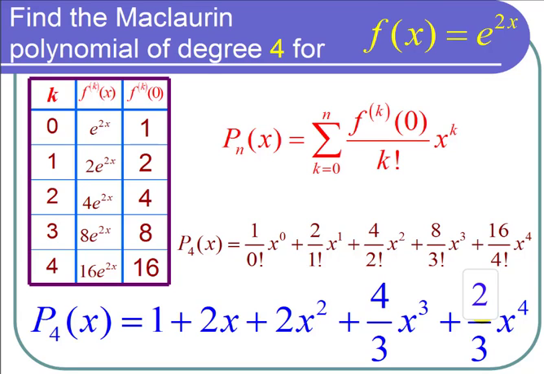And 16 over 24 is the same thing as 2/3 x to the 4th. So there's my 4th degree Maclaurin polynomial. It's 1 plus 2x plus 2x squared plus 4/3 x cubed plus 2/3 x to the 4th. And I'm done with the problem.